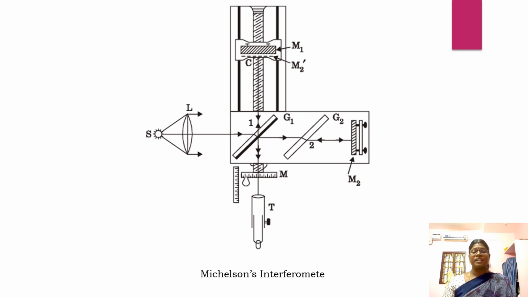After that, the reflected light from M2 reaches the G1 glass plate, the semi-silvered glass plate. So the light reflected from the mirrors M1 and M2 will be captured through the telescope.